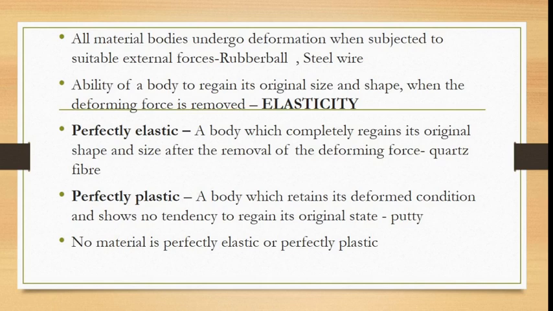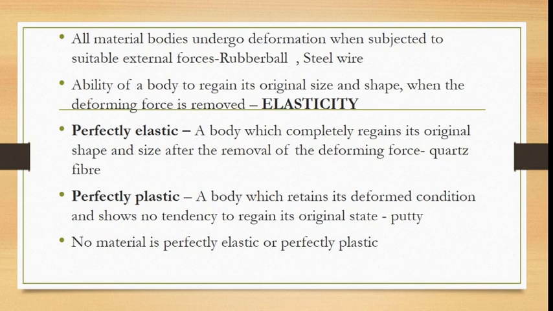It is deformed. And what happens when the deforming force is withdrawn? First you apply force on that rubber ball so that it gets pressed, so that its shape is compressed. And when you remove this applied force, what happens? It regains its shape, isn't it?